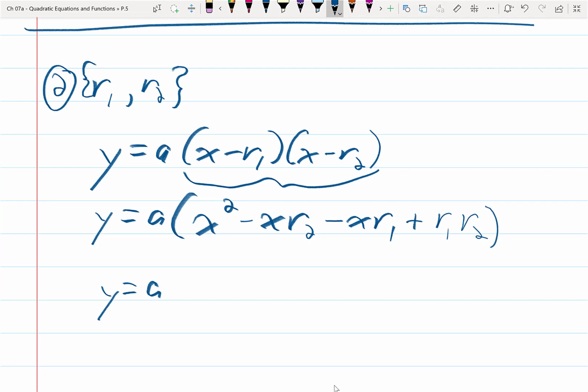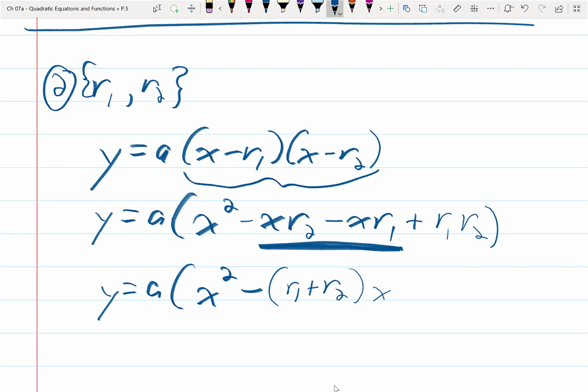Let's write this with a little bit more factored out. X squared minus, what's the coefficient of the x here? If I were to factor the x out and pull the x off to the right, what would the coefficient be? What am I actually doing? Negative what? What am I doing with the two r values? R2 plus R1. We'll put it as R1 plus R2.